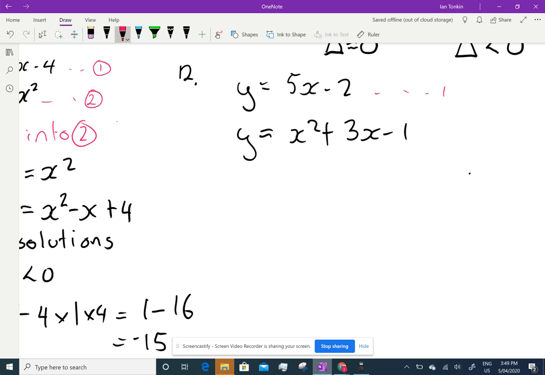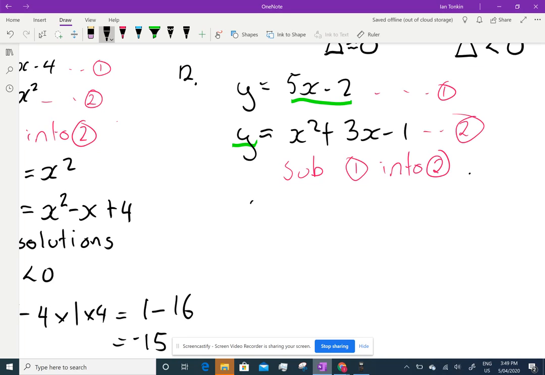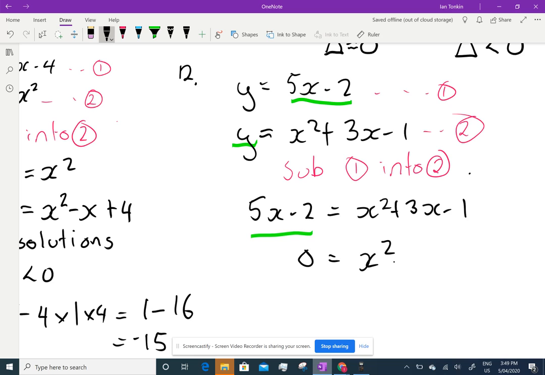Okay, solve them simultaneously. It's pretty easy. Sub 1 into 2, and you're going to sub this there, which gives you 5x minus 2 equals x squared plus 3x minus 1. You're going to take all these things and bring them over. So you're going to get 0 equals x squared. So if I minus that 5x, I get minus 2x. And if I add that 2, I get plus 1.